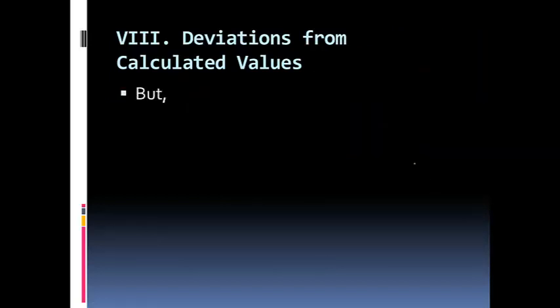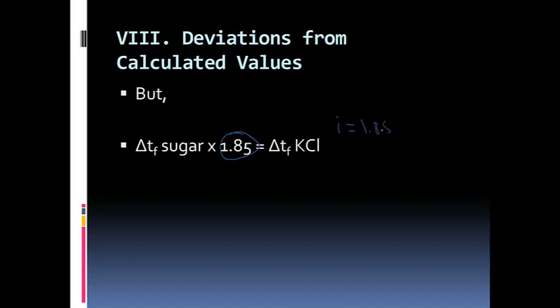Now when they actually go and measure the delta TF values, it turns out that KCl isn't twice as big as sugar. It's only 1.85 times as big, meaning I for KCl is actually only 1.85 and not 2.